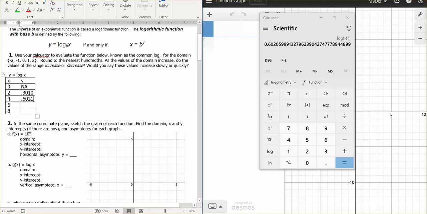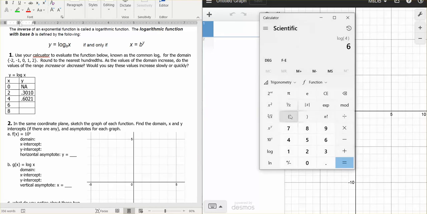So far they're increasing, and so far it's not very quick. But we'll see what happens when I put in the 6 and the 8 for the log. Maybe they will increase more rapidly. That's not going very fast. They're increasing, but quite slowly. So you pick increase and slowly. If you're listening to me, you'll have that done.